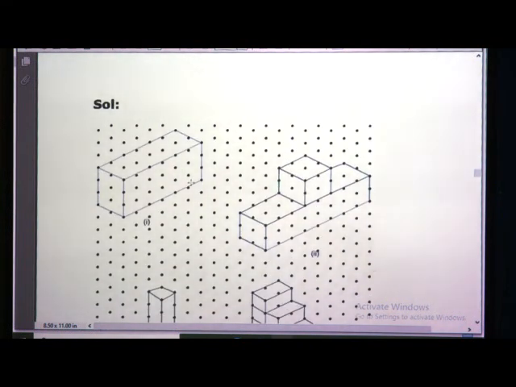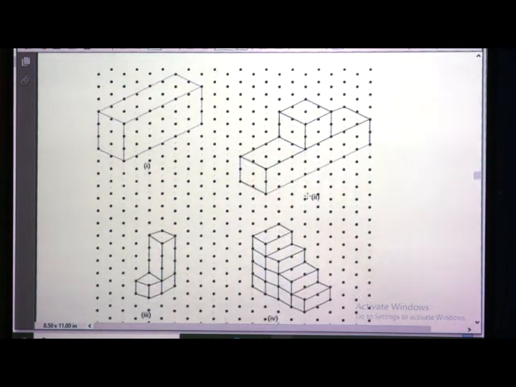After joining all those lines which were given in our question, you will find out this type of shape, which is one cuboid, and on that cuboid another square is kept. After joining all the segments, we will find an oblique sketch, and from the oblique sketch we can draw on an isometric sketch paper.